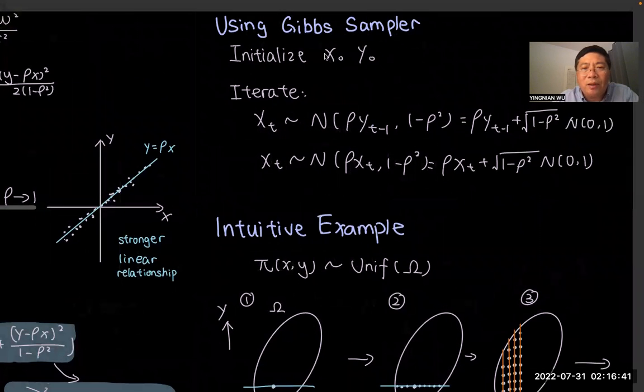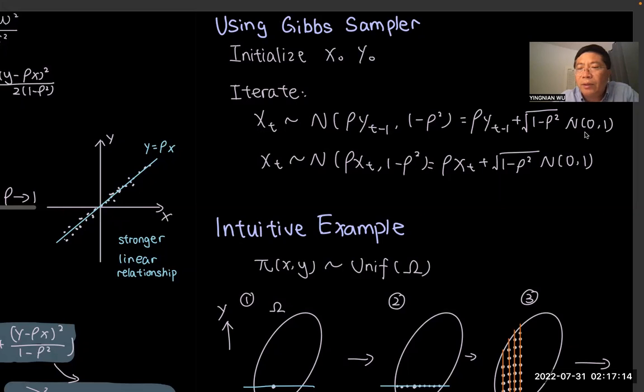But suppose we want to play with the Gibbs sampler, we can use this algorithm. We start at x0, y0, for example x0 is 10 and y0 is negative 10, just arbitrary values, and then we iterate. We sample xt from the distribution of x given the current value of y, which is y(t minus 1). So it is normal with mean rho y(t minus 1) and variance 1 minus rho squared. This can be written as rho y(t minus 1) plus square root of 1 minus rho squared times a normal 0, 1.